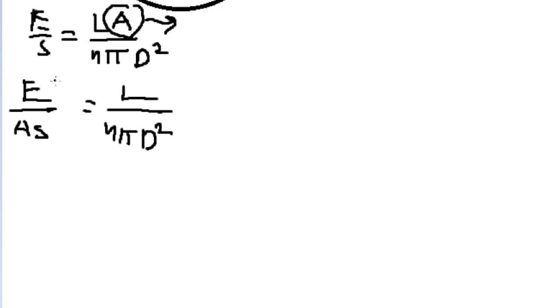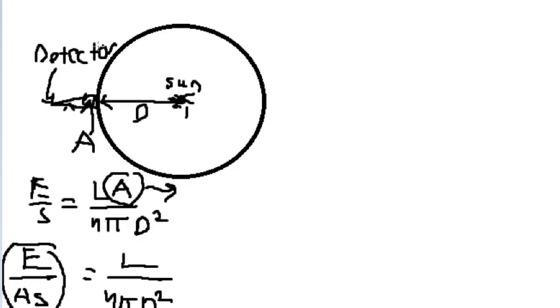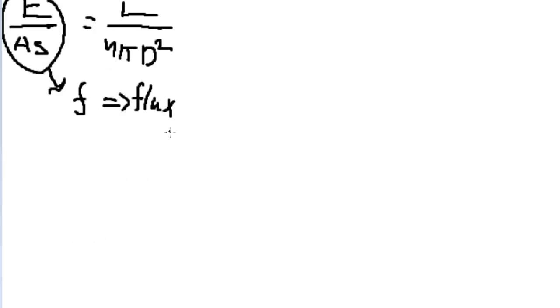Now this, we can write as F, which is the flux. As you can see based on this equation, flux is defined as the energy per unit area per second. Now, using this detector on the telescope, we can find out the value of this flux when we look at a certain star or portion of the sky. So we can write this final equation as F equals L by 4 pi d squared.